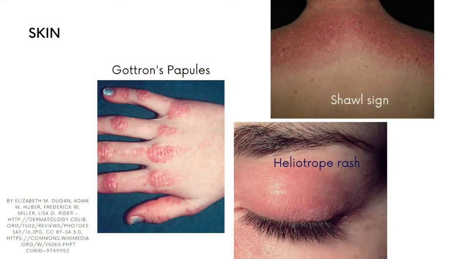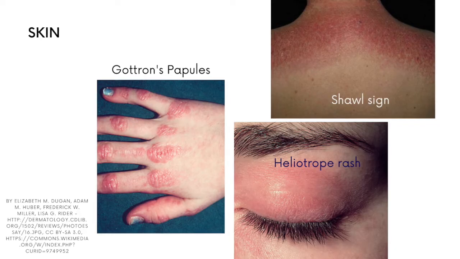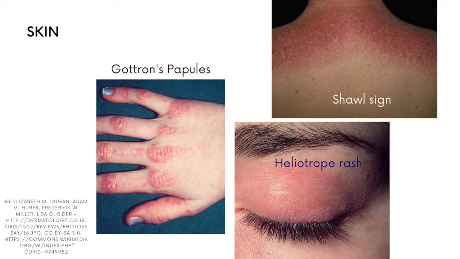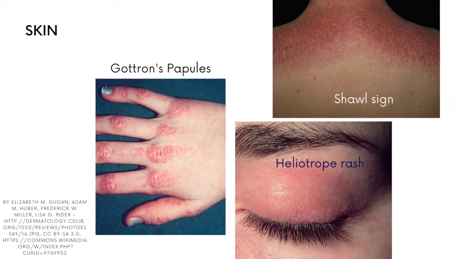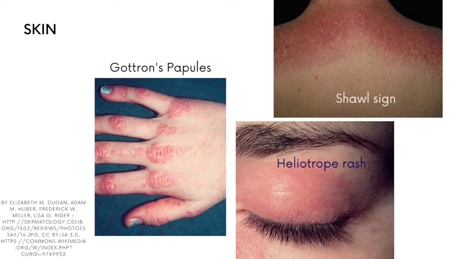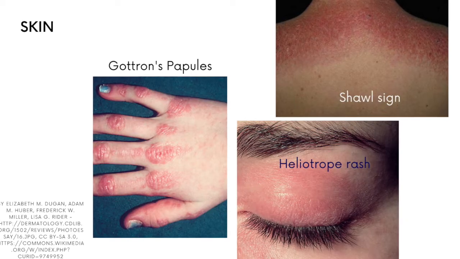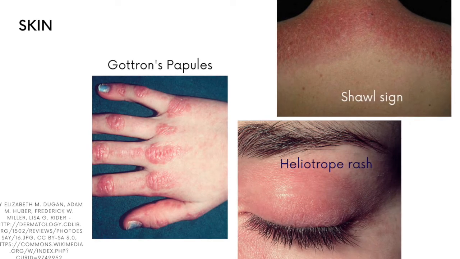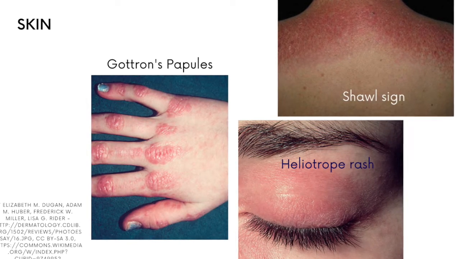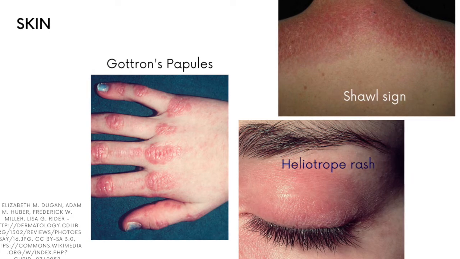So first is the Gottron's papules or Gottron's rash. This is going to be a red, sometimes darkened, depending on your skin pigment, bumpy rash that happens on the top of the big knuckles of your hands. The medical term for this location is the extensor surface of the joint.